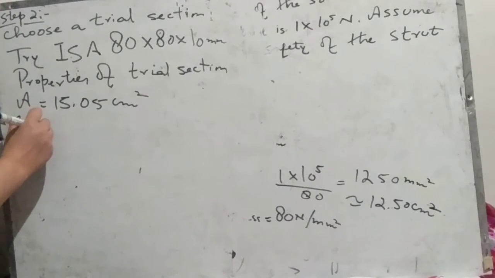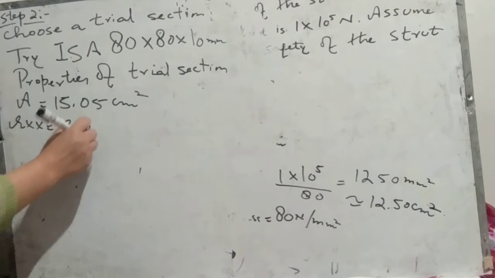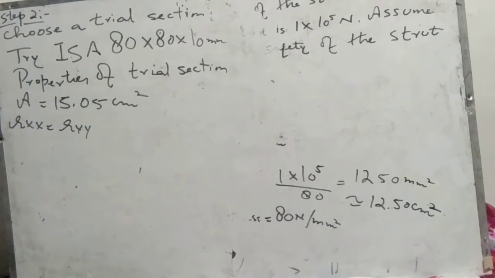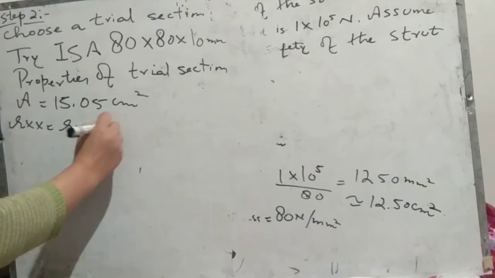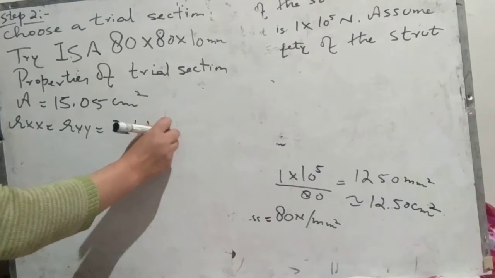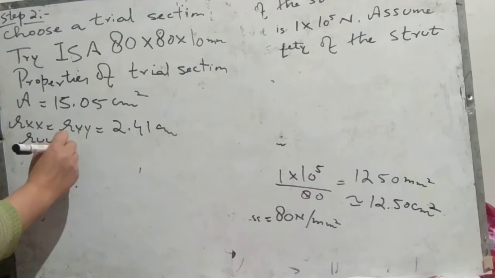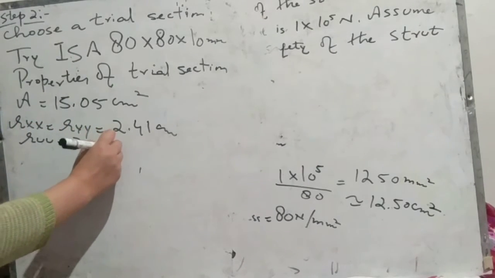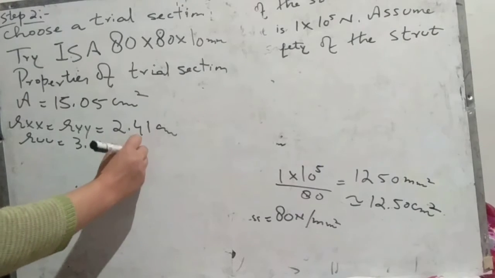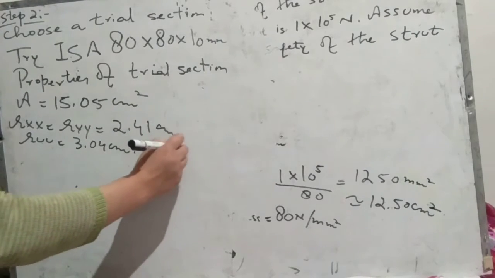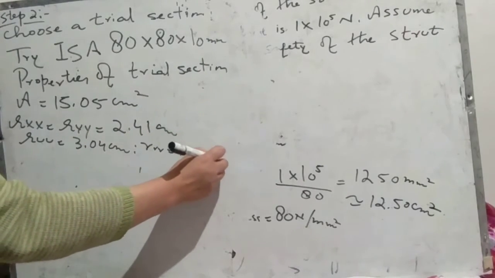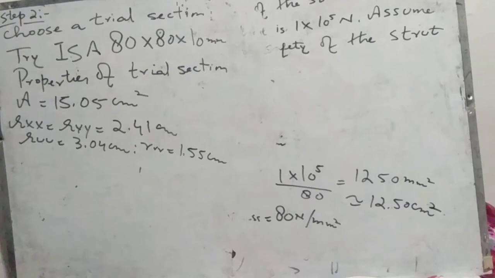The radius of gyration along x-axis and along y-axis is the same and is equal to 2.41 centimeter. You have R_uu as 3.04 centimeter. You have R_vv as 1.55 centimeter. Now you have to determine the minimum radius of gyration.